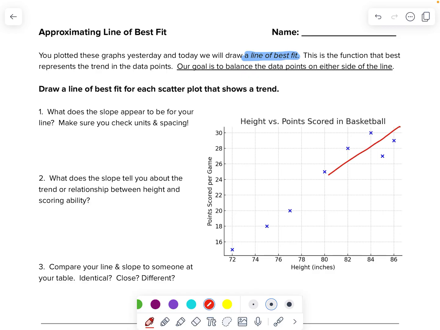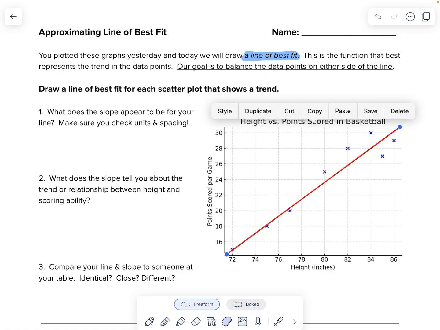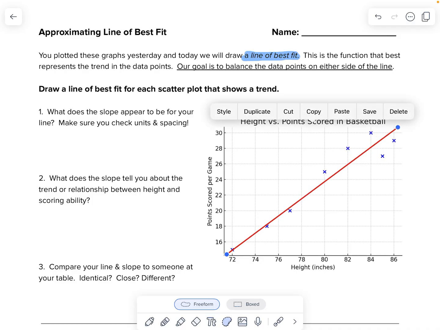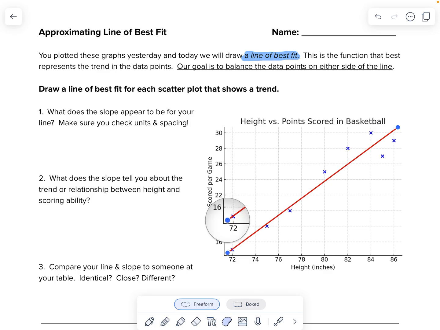Because I'm doing this on my iPad, I can adjust my line, but if you're doing this by hand, you may want to play around with your ruler for a bit before you draw your final line. So I want to try to get most values maybe like that. And like I said, I can adjust this to try and fit evenly between most. Something like that.